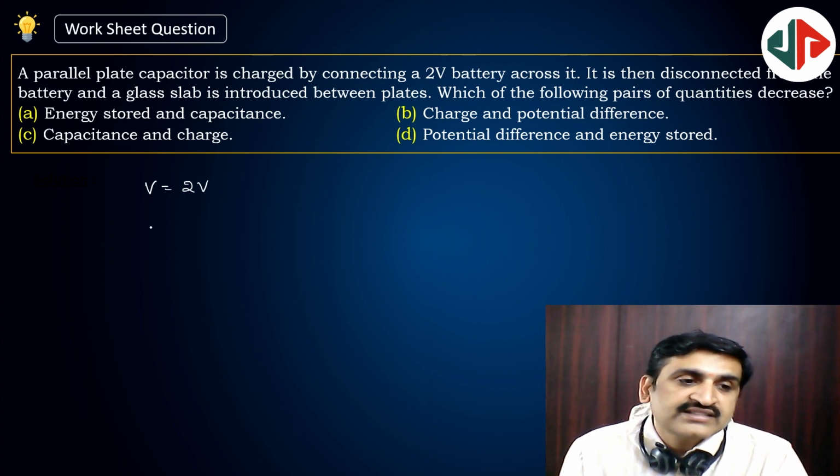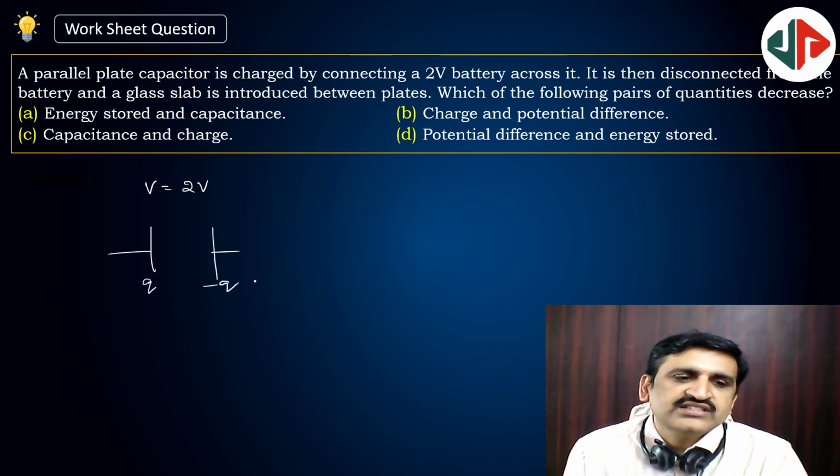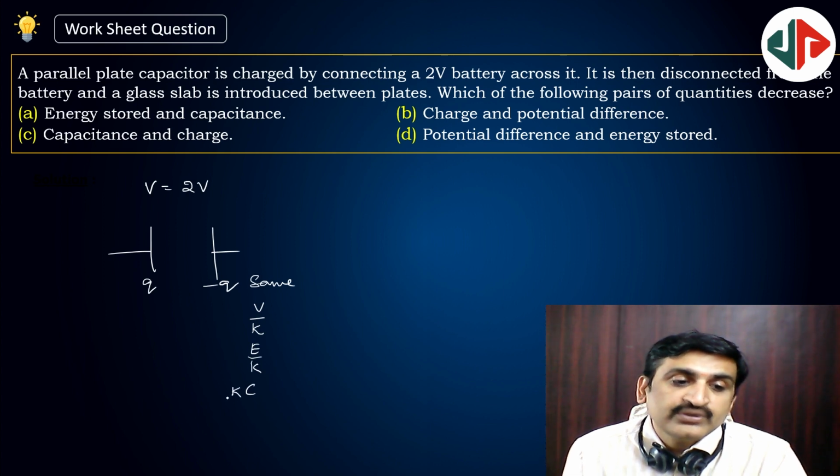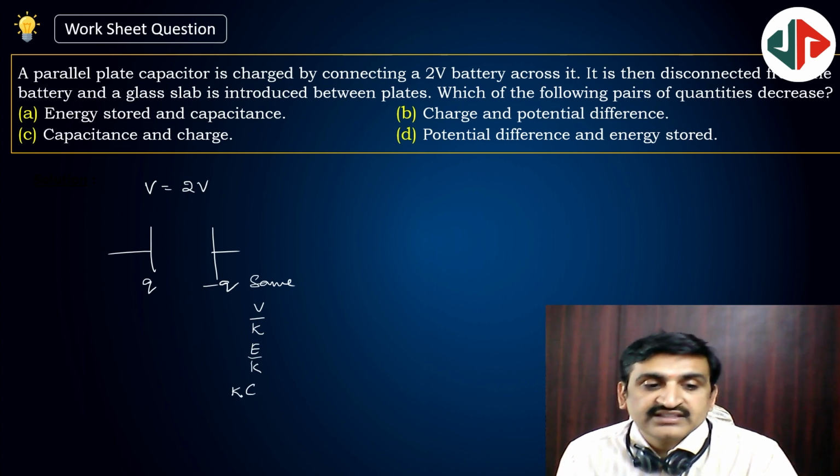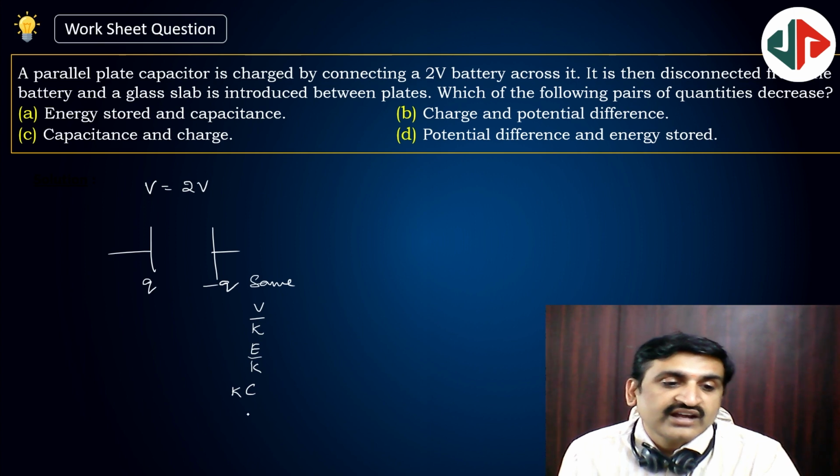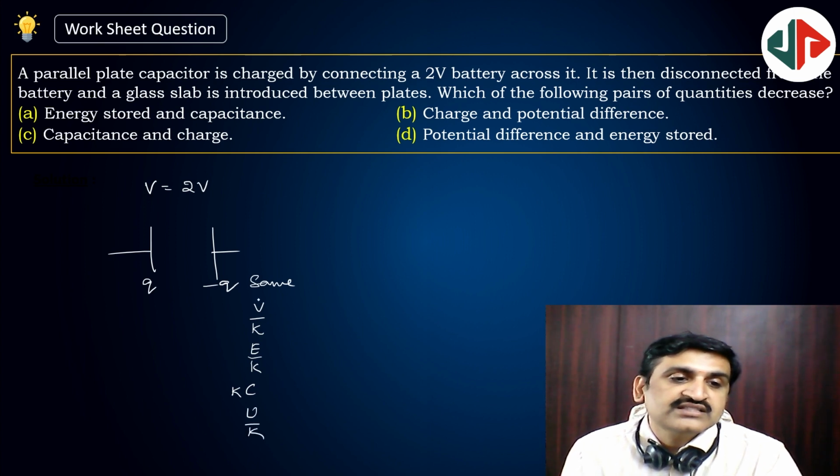Whenever battery is disconnected, remember, the charge whatever existed will be the same first of all. Next, potential will become by K times, field will become by K times, capacity will become into K times, not by K. This is capacity. And energy will become by K, because the battery is disconnected.